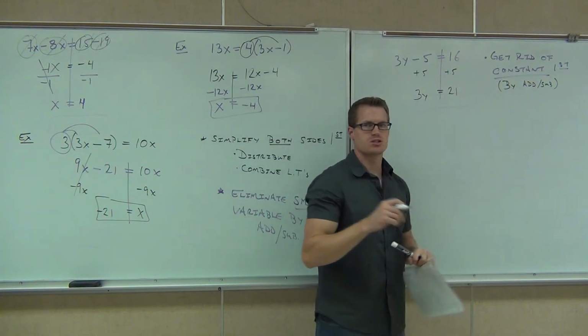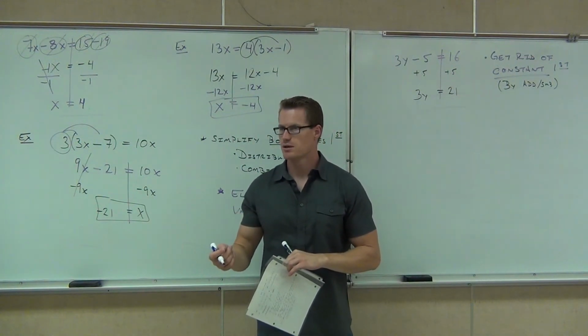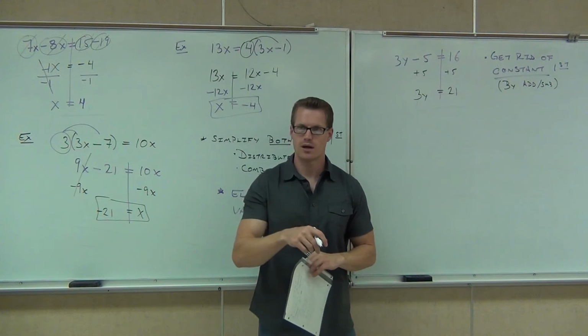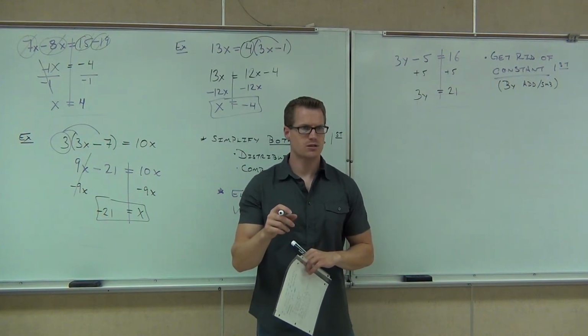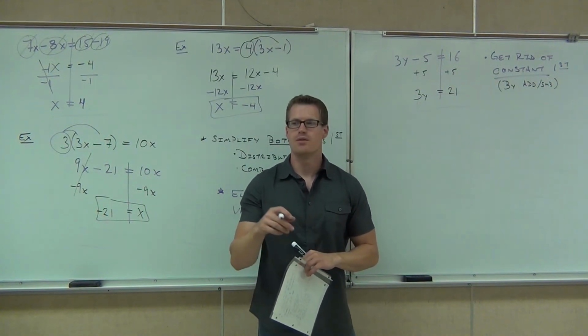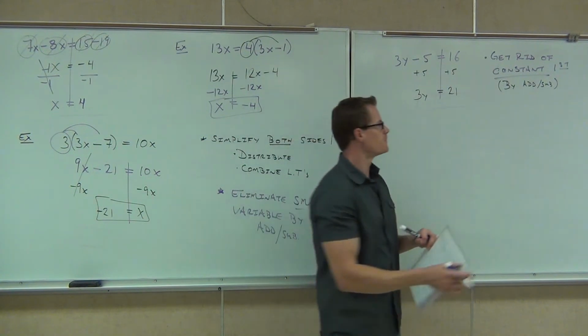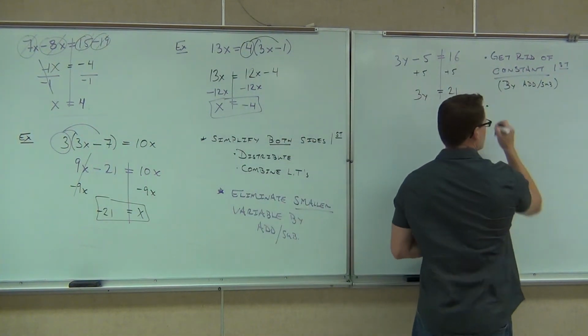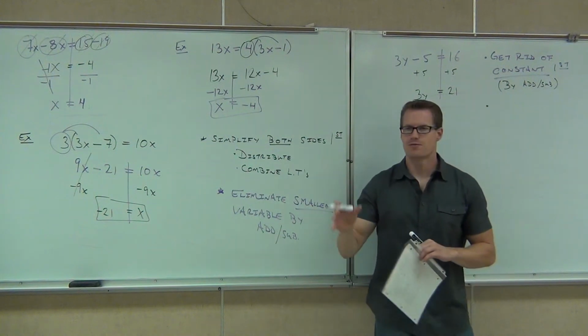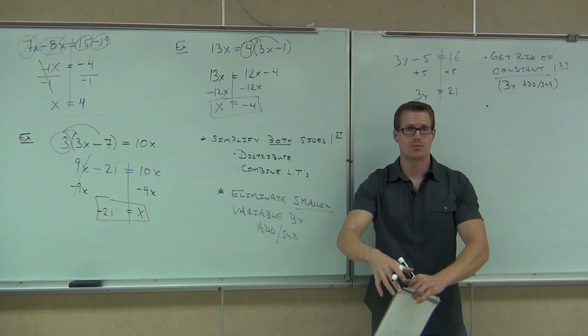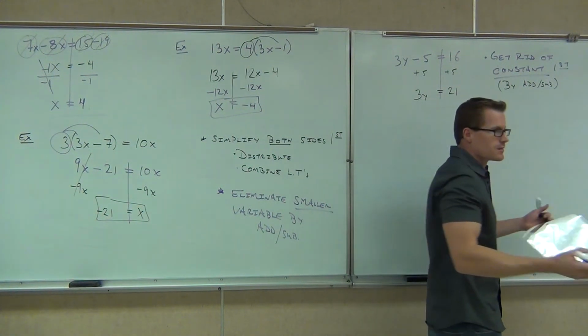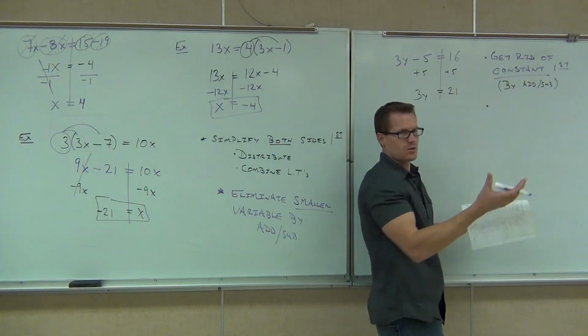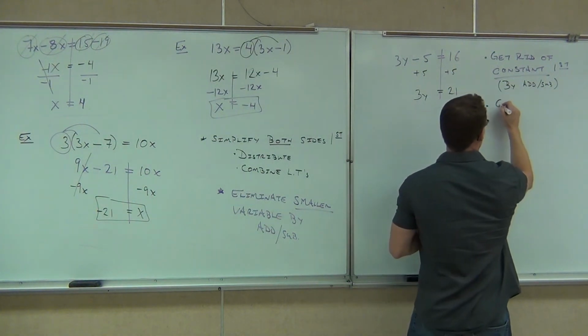The next step is to get rid of the coefficient. The coefficient is a number in front of y. Remember that word coefficient? You get rid of the coefficient, that's by division or multiplication. So the last step, the first time you divide is on the last step. The last thing you do is divide. You never divide earlier in the problem. That's not going to work.